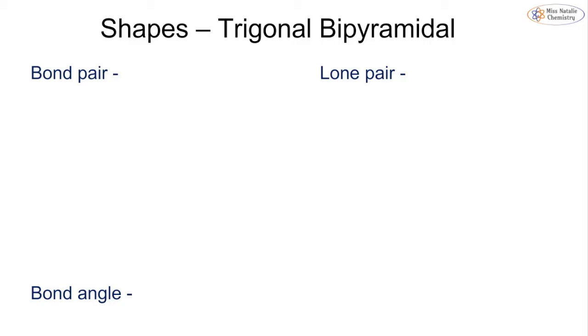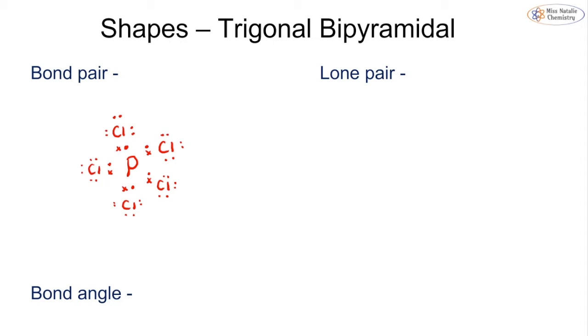Moving on to trigonal bipyramidal, this is where we have something like PCl5. So we have phosphorus with 5 individual electrons this time, no lone pairs. Again, bonding, this time we're going to have it to chlorine, drawing in all of the chlorines. Now, of course, you don't have to draw the dot and cross diagram, but you may find it much easier to figure out the number of bonding pairs and lone pairs.